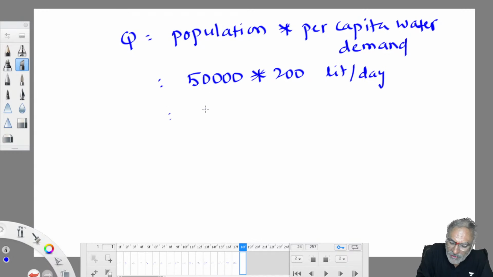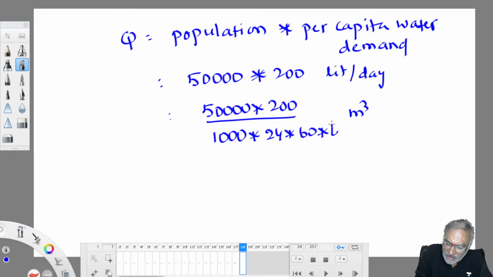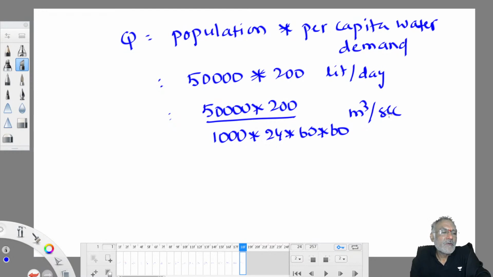You can convert this into meter cube per second. 1 meter cube is equal to 1000 liters, so 1 liter is 1 by 1000 meter cube, so divide by 1000. Days into seconds: 1 day is equal to 24 into 60 into 60 seconds. Then this becomes meter cube per second. Understood?